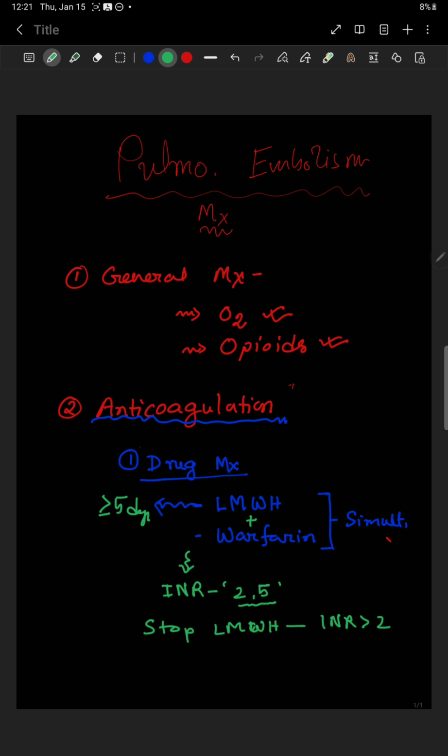Okay, now there is another option of drug, the second option. You can use DOACs, direct oral anticoagulants, and some examples are rivaroxaban, apixaban, dabigatran, edoxaban.